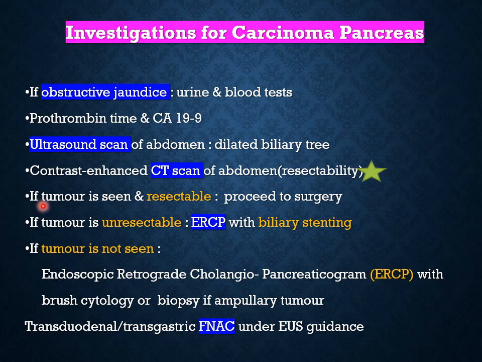Okay. If the tumor is seen on CT scan and is resectable, then you proceed to surgery without undertaking further invasive investigations. However, if the tumor is unresectable on CT scan or clinically, then ERCP with biliary stenting is the best option for the patient.